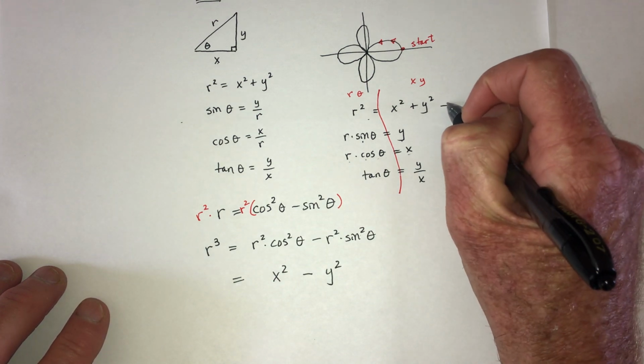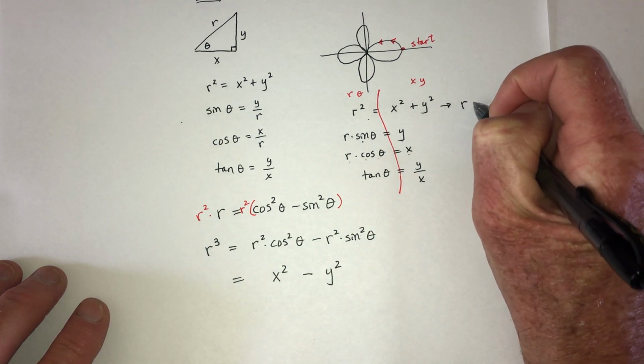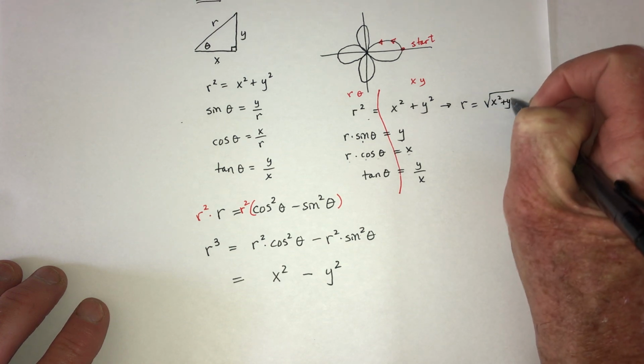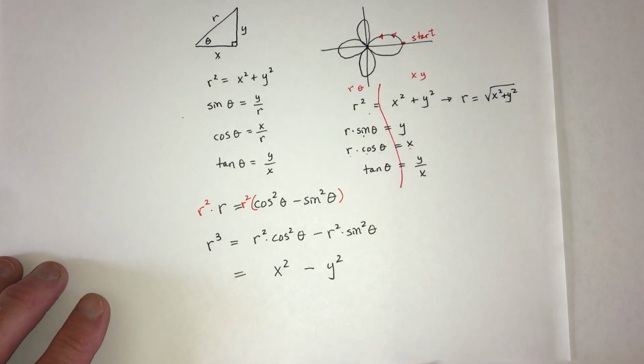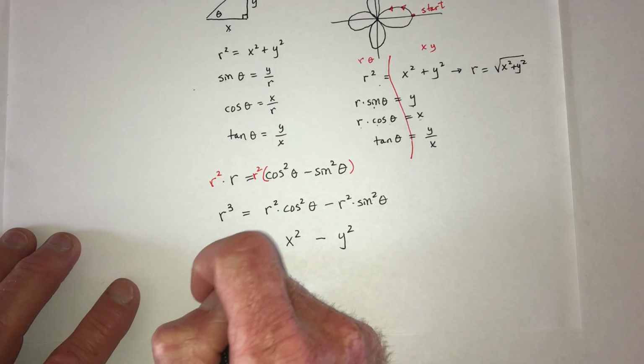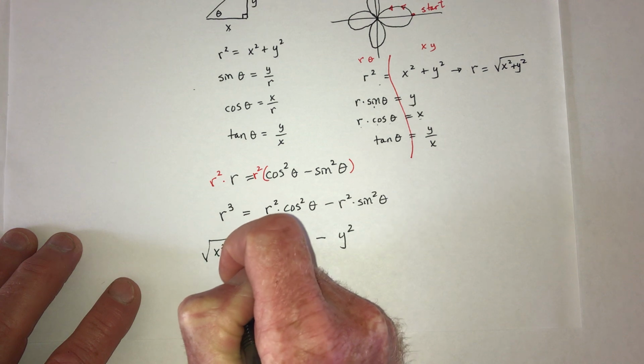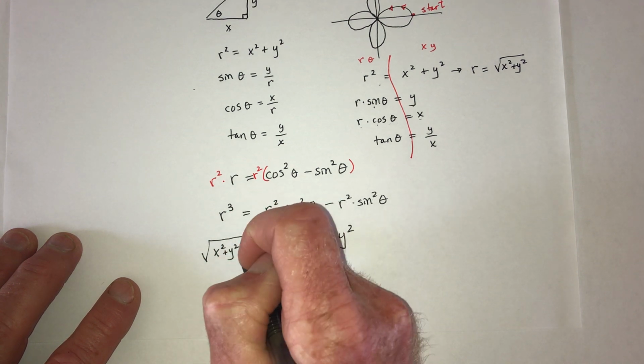And one other thing is, with this equation, you could solve for r. It would be the square root of x squared plus y squared. So on this side, we could just replace r with the square root of x squared plus y squared, and then it's cubed.